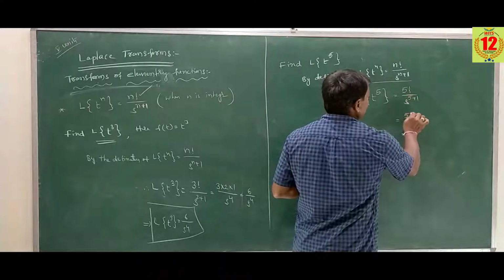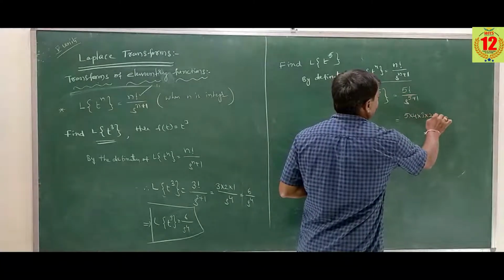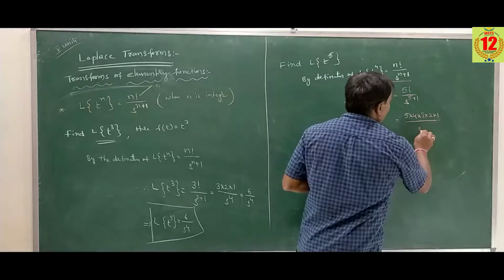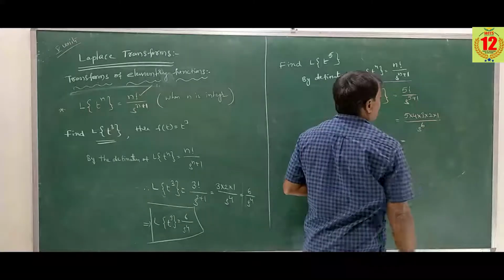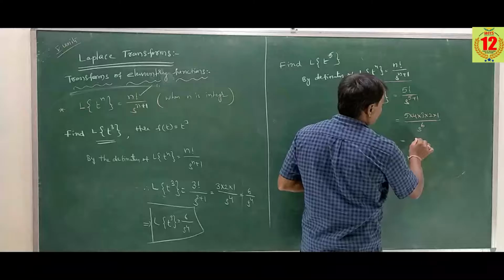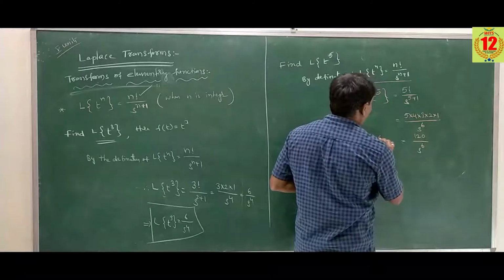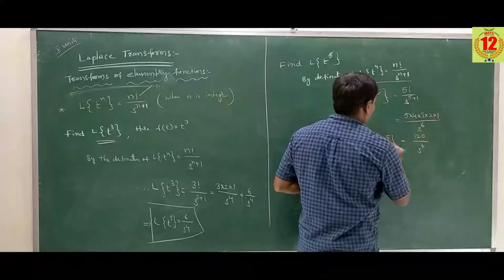And this equals 5 into 4 into 3 into 2 into 1 by s power 6. So this is 120 by s power 6, the Laplace transform of t to the power of 5.